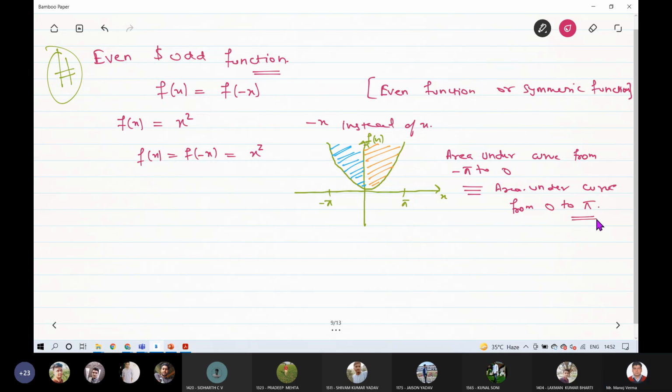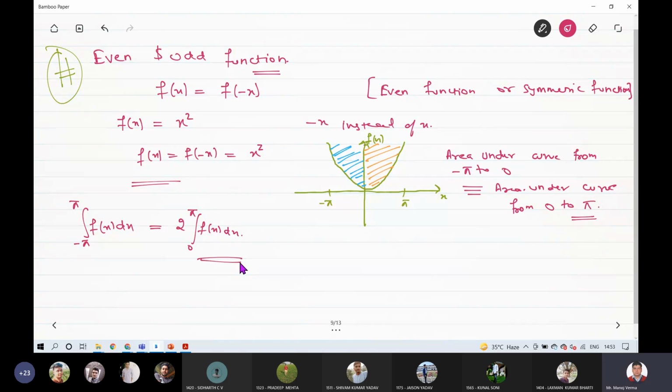So if a function is even, then I can simply write the integration of this function from limit minus pi to pi. We can simply convert the limits of this function from 0 to pi, f(x) dx.